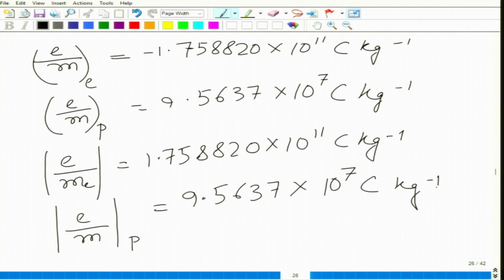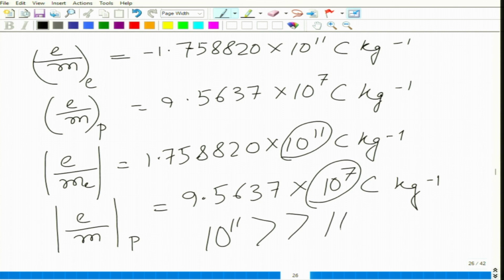What did we see, that if we compare these two values, this is 10 to the power of 11 and this is 10 to the power of 7. So basically 10 to the power of 11 is very large as compared to 10 to the power of 7. It is almost 10 raised to 4 times larger.